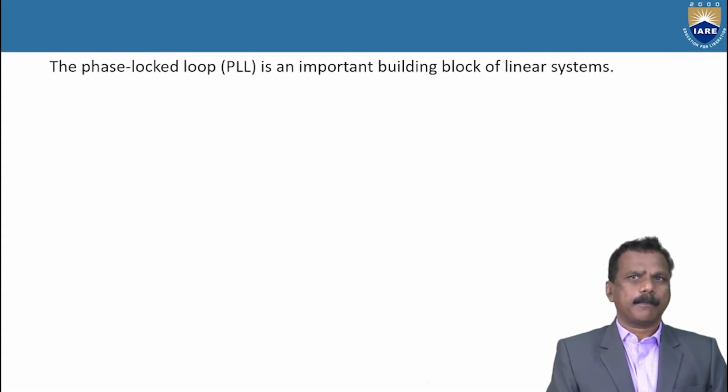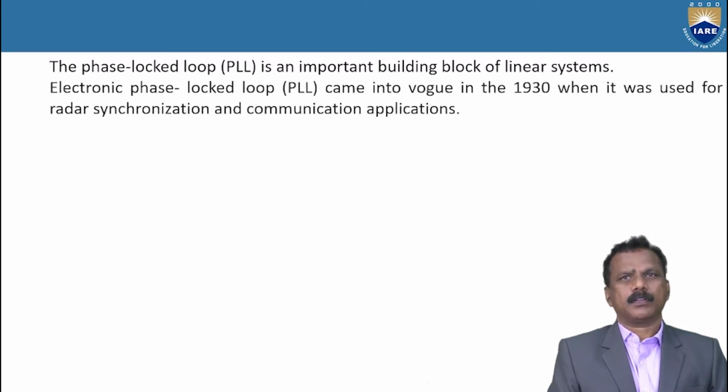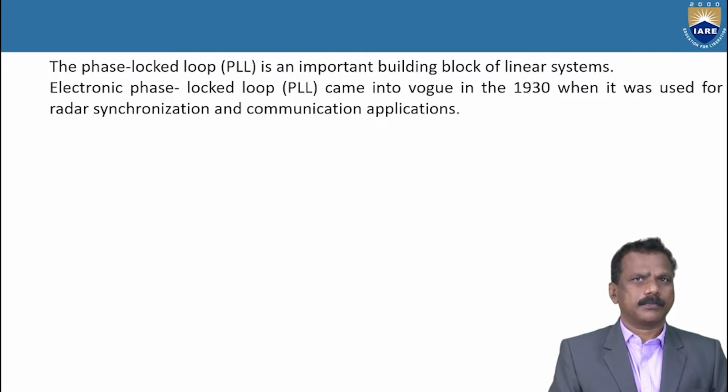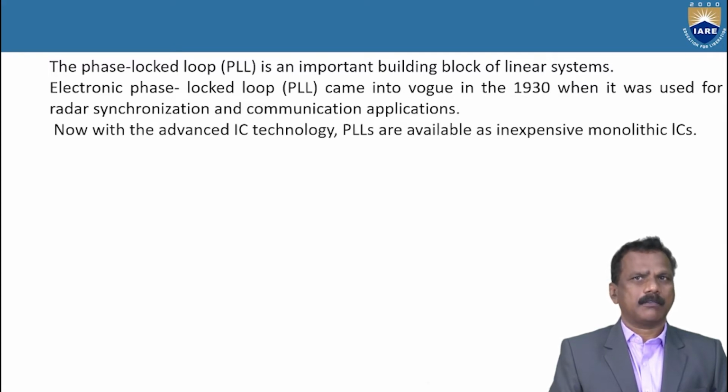The phase lock loop, PLL, is an important building block of linear systems. The electronic phase lock loop came into use in the 1930s for radar synchronization and communication applications. Now, with advanced IC technology, phase lock loops are available as inexpensive monolithic ICs.